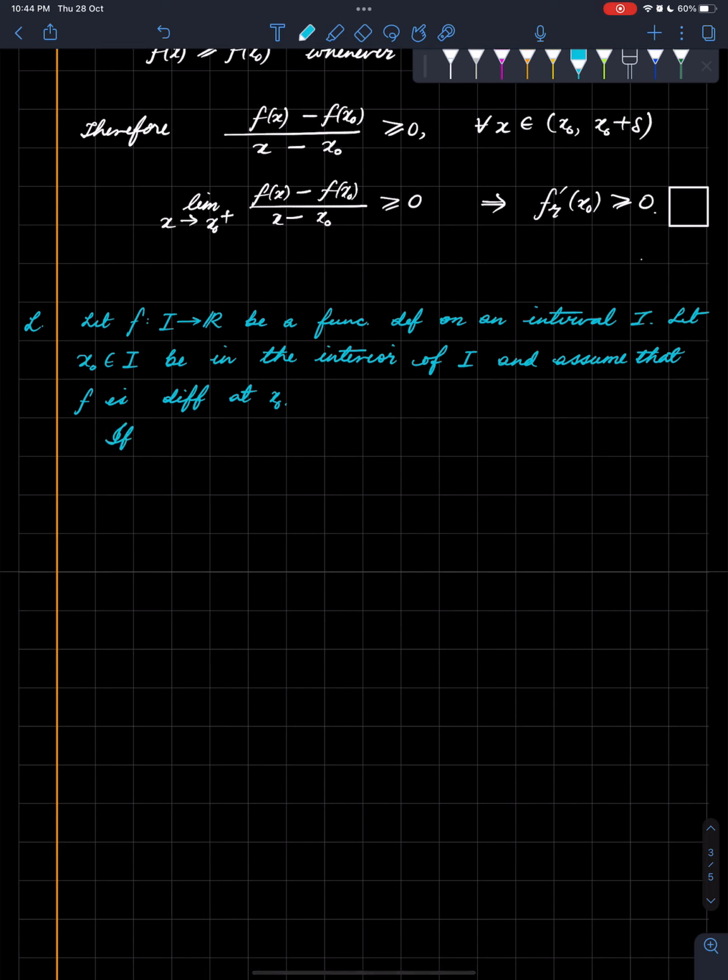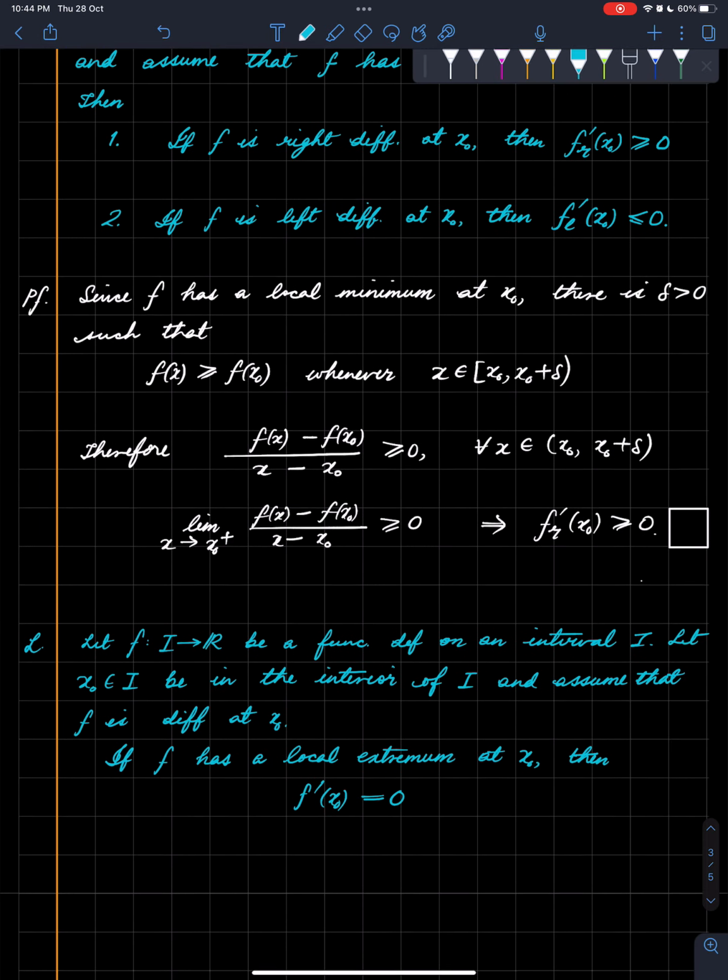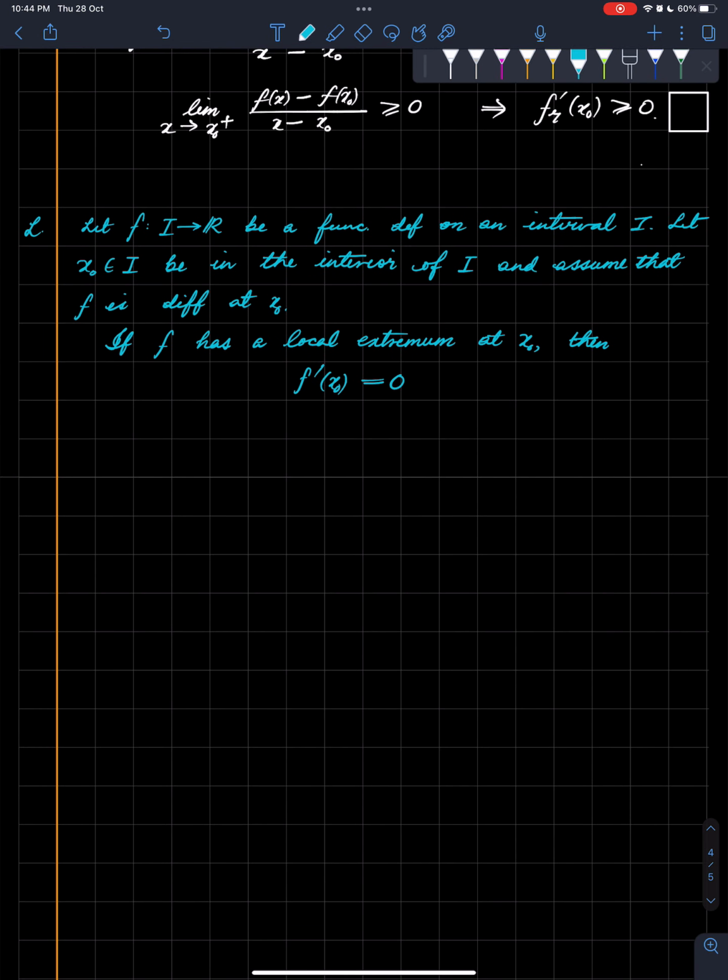So the conclusion is, if f has a local extrema at x naught, then the derivative vanishes. And this is what I said while I was arguing this, so I won't be repeating the proof.